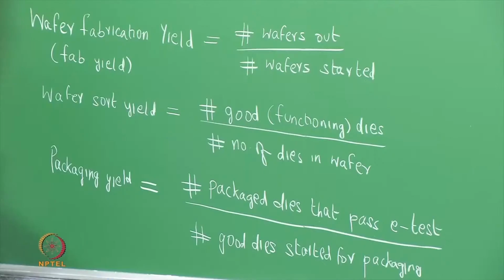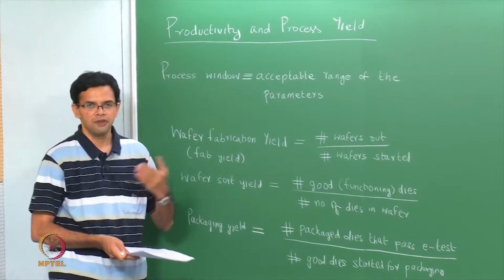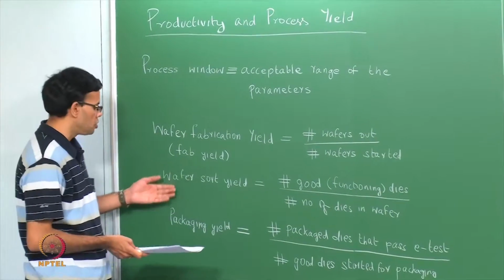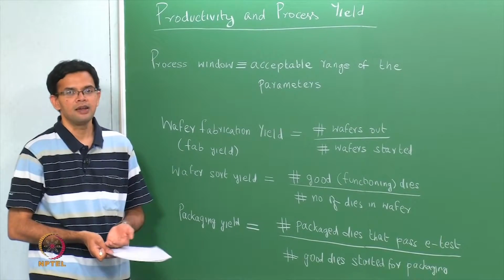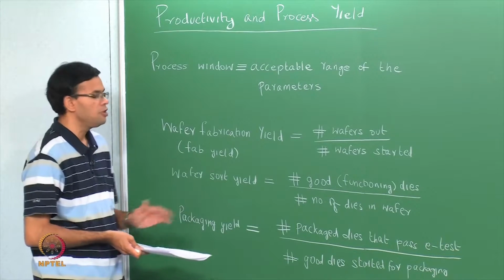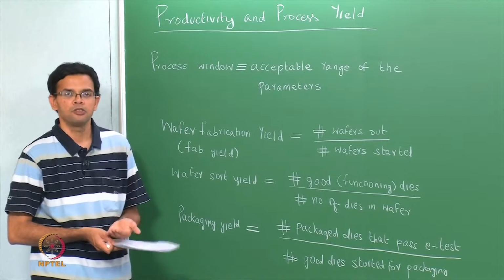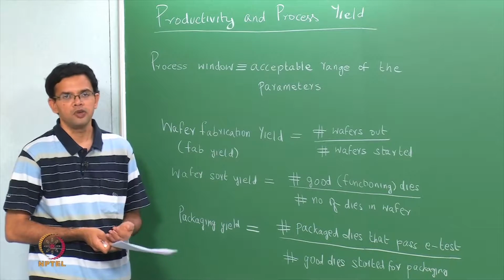So, the overall yield in a fab is the product of all three of these: the fabrication yield, the sort yield, and the packaging yield, and this is closely related to the cost of the manufacturing. So, typically you want as high a yield as possible, because this again will lower the cost per individual die.